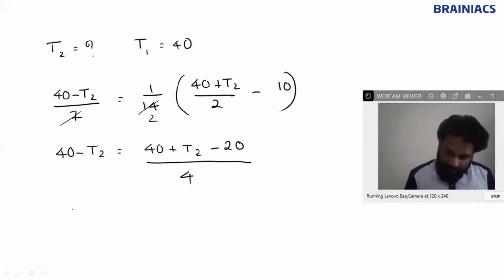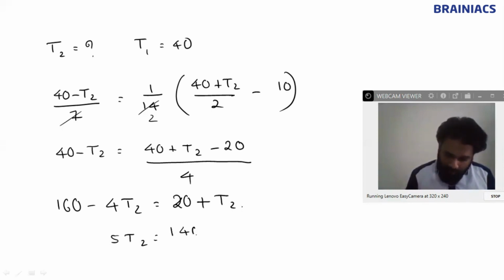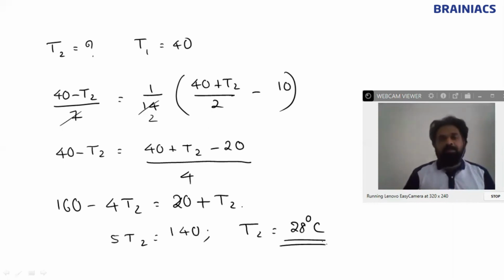Simplify this, we will get 160 minus 4T2 is equal to 20 minus 20 plus T2. So 5T2 is equal to 140. T2 is equal to 28 degrees Celsius. So this is a problem using Newton's law of cooling.